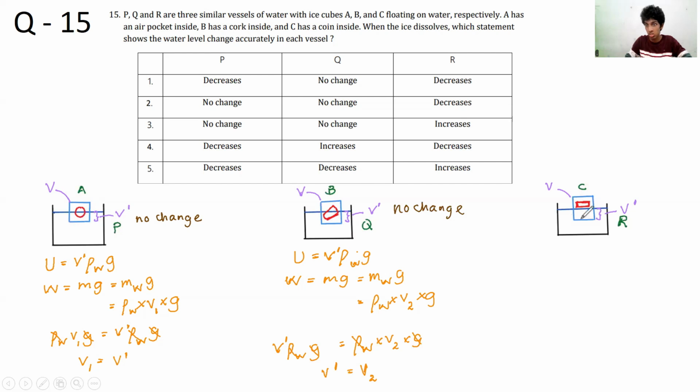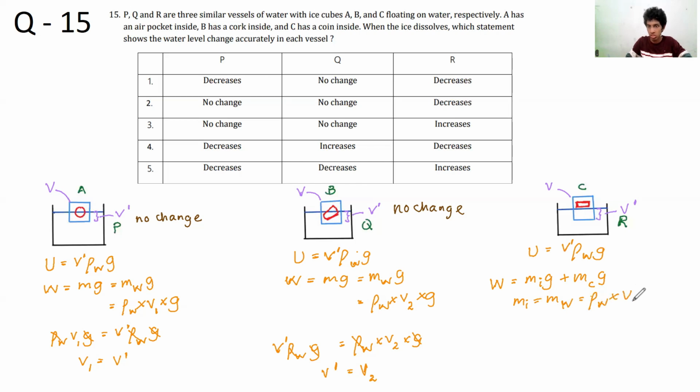Here, a coin is inside the ice cube. So here also we can write the upthrust acting on the ice cube is equal to V dash into rho W into G. And the weight of the ice cube can be written as W equals the mass of the ice into G plus the mass of the coin into G. And as the mass of the ice is exactly equal to the mass of the water after it is dissolved, we can write Mi equals Mw, and the mass of the dissolved water is the density of water into the volume of the dissolved water.